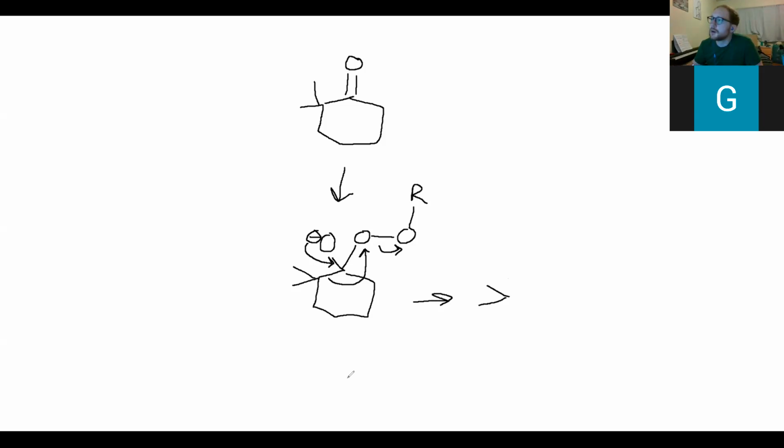If you erase that arrow and draw this first instead, some people will make an argument here that the two possibilities are the formation of a tertiary carbanion and a primary carbanion.